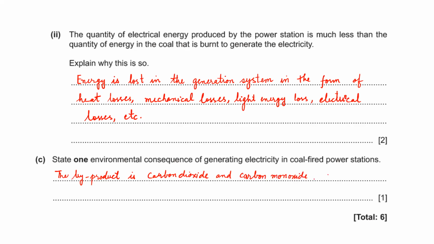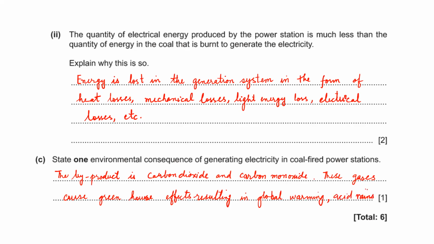These gases cause greenhouse effects resulting in global warming, acid rain, sea level rising, etc. This is a very generic statement which covers quite a few basic environmental consequences of using coal-fired power plants.